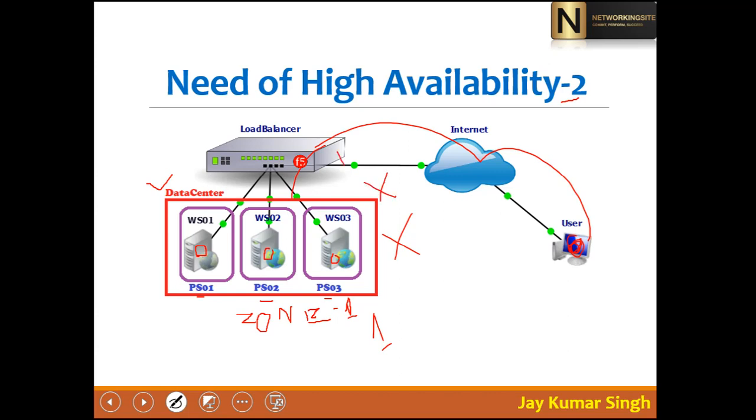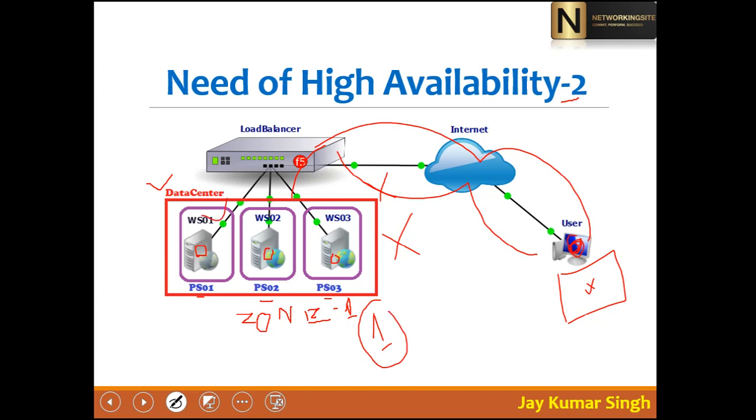You will get a response back: unreachable. Maybe you are the client of some bank, and you will say, this bank's server is not working, right? So no one recommends selecting only a single zone for a server.